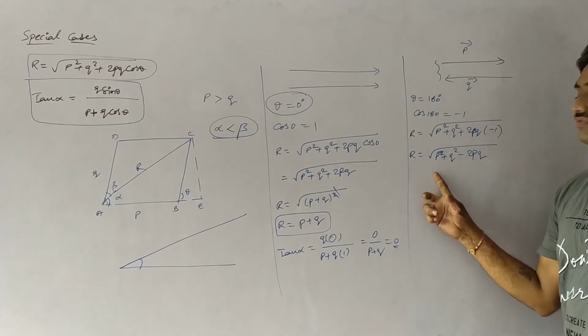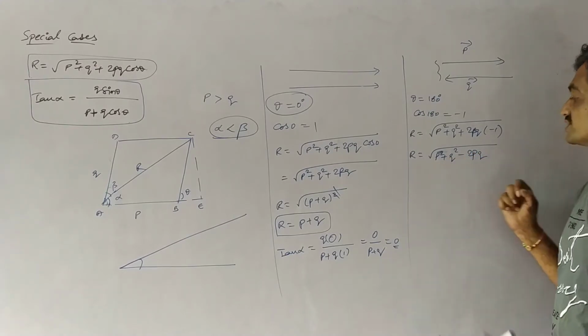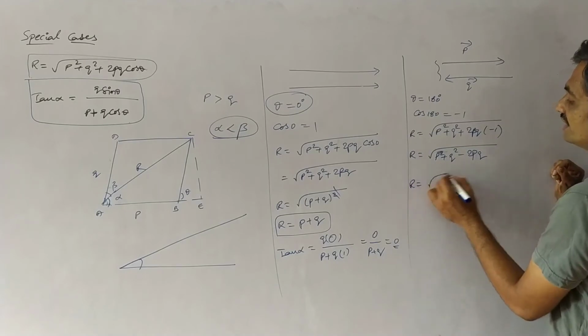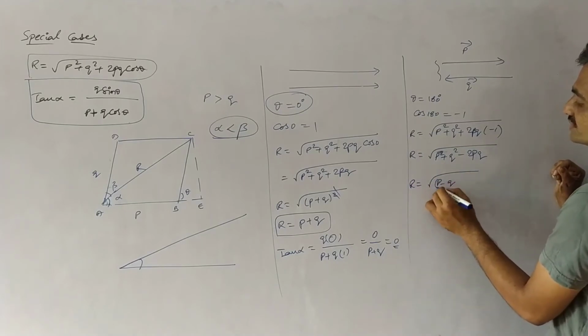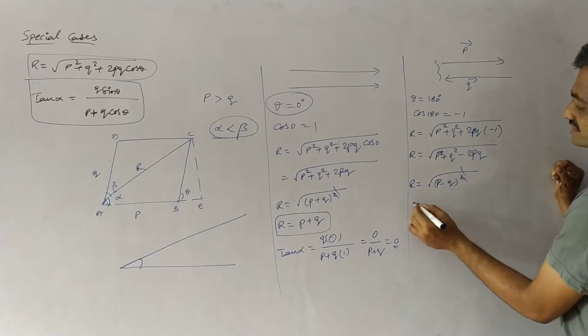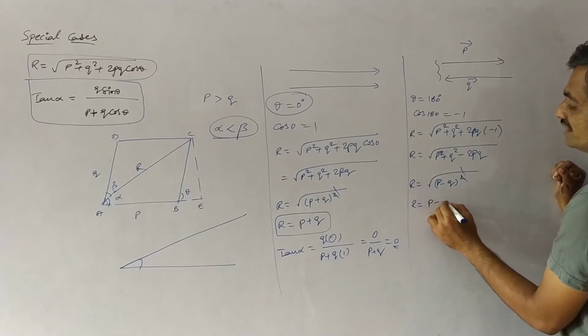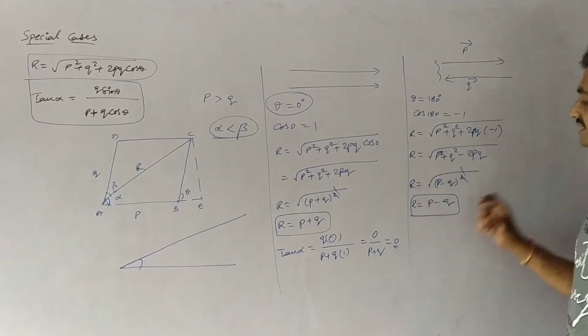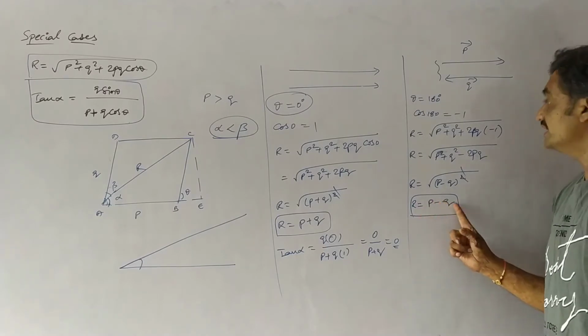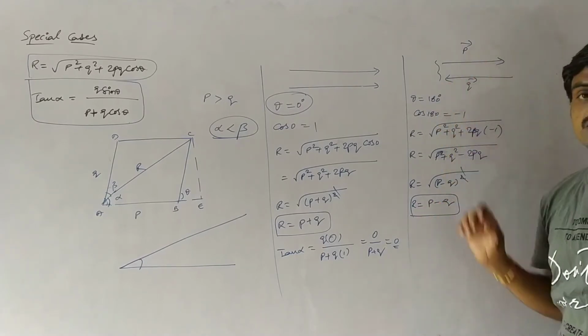Observe that it is in the form of a square plus b square minus 2ab. So we can write it as r equals under root of (p minus q) whole square. The square and root get cancelled, we have r equals p minus q. Means the resultant represents the difference between the two vector magnitudes.